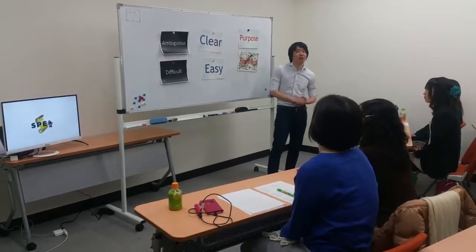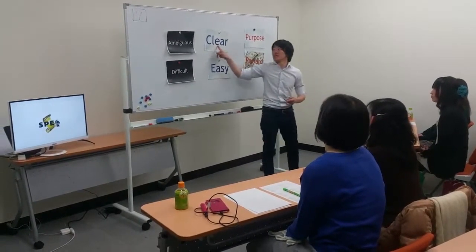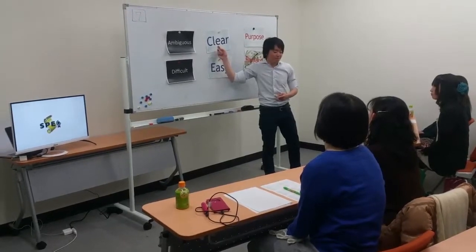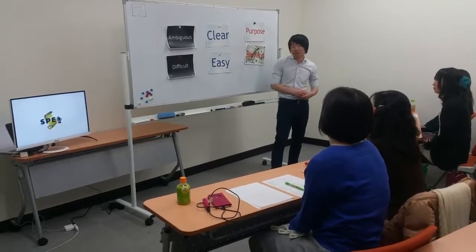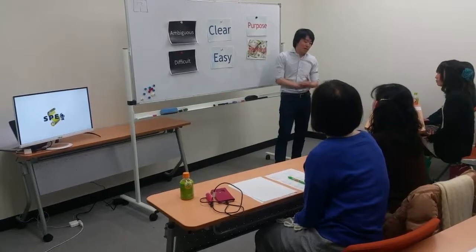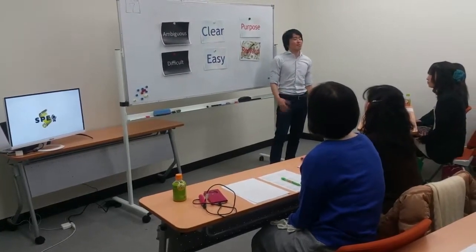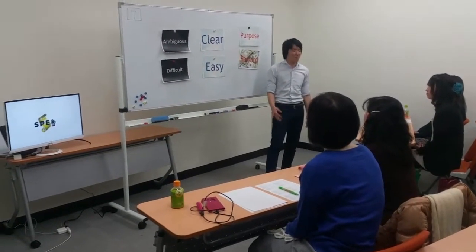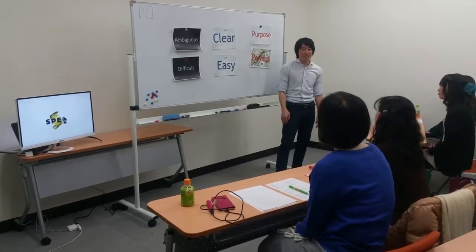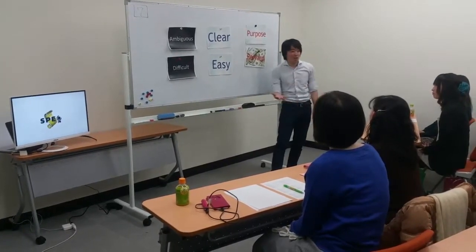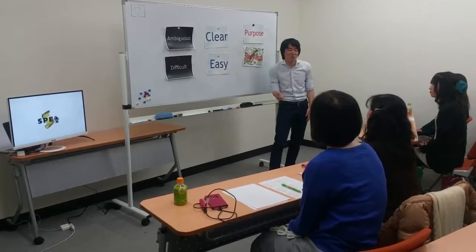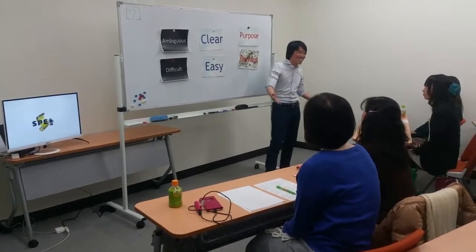Okay, let's talk about that. From the first tip, not to use ambiguous words, but to use clear words. Even scientists sometimes use ambiguous words like many, much, a little, or probably, maybe, might be.